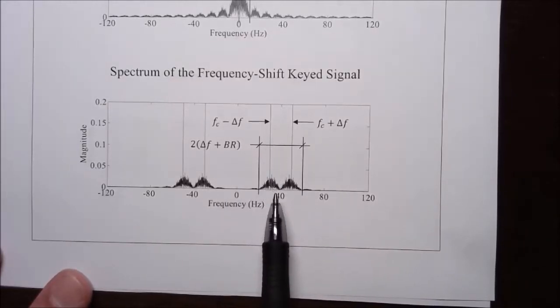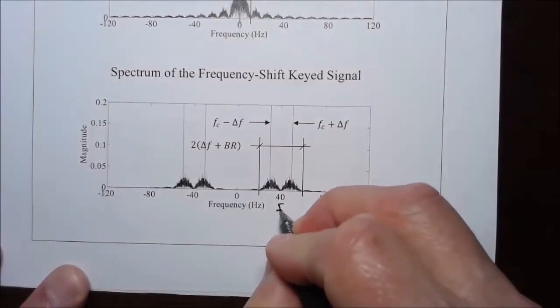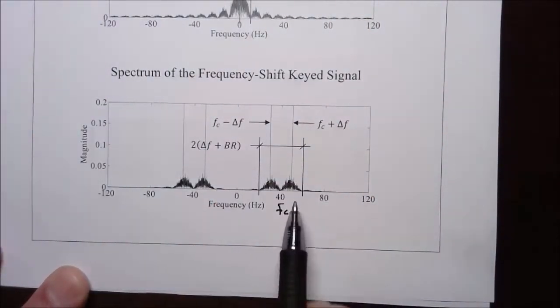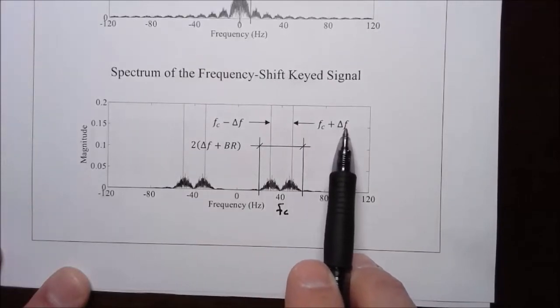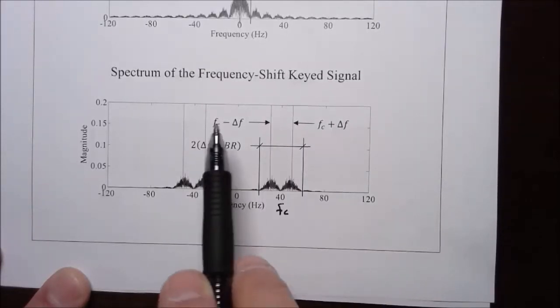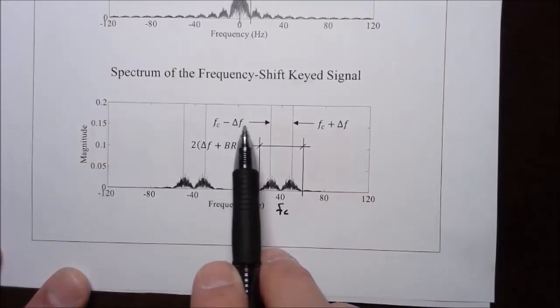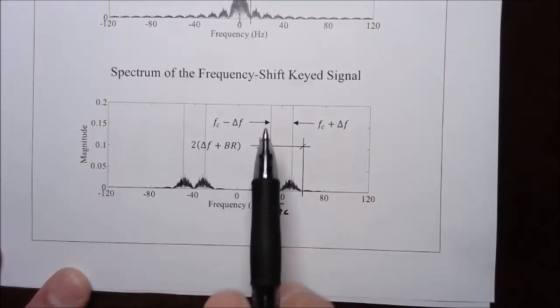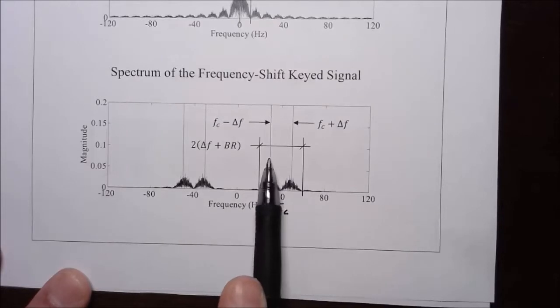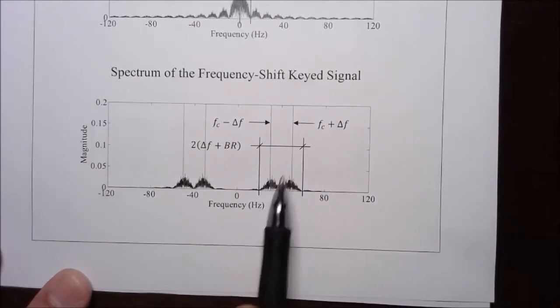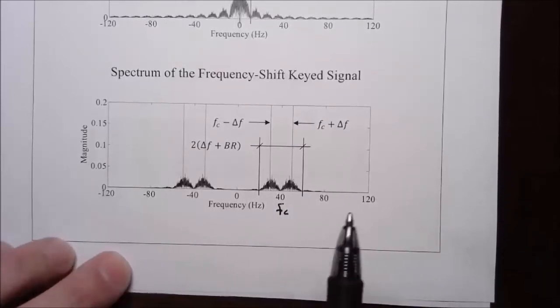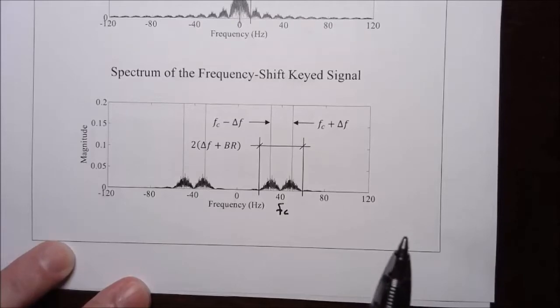And you can see this is the carrier frequency, and we've got a strong line, a delta function at FC plus delta F, and we've got a strong line at FC minus delta F. But as the signal changes back and forth rapidly between these two frequencies, we get this spread in the spectrum, just as we do with an FM signal.